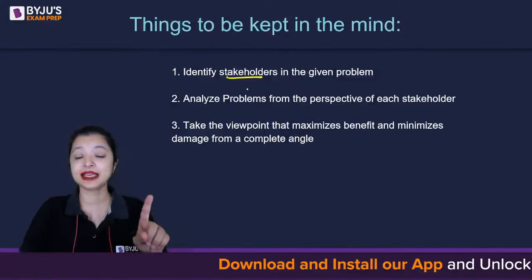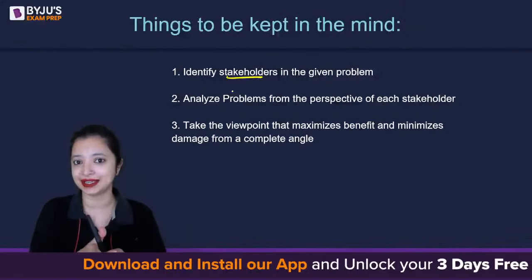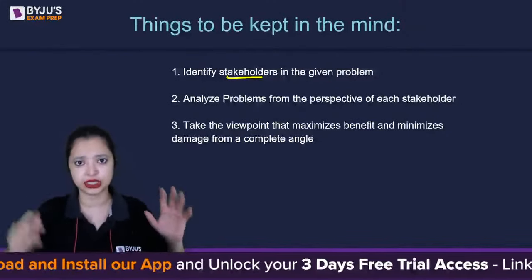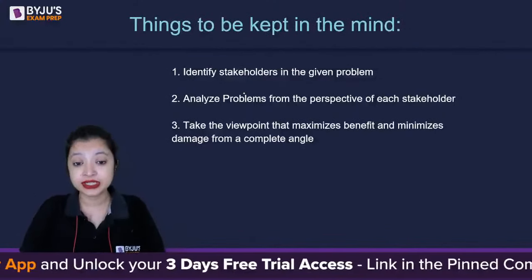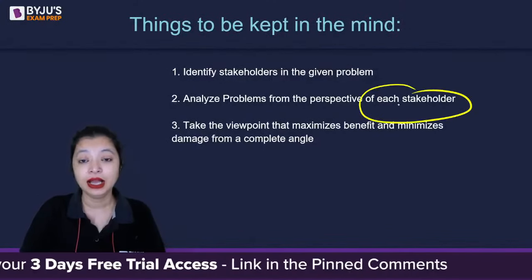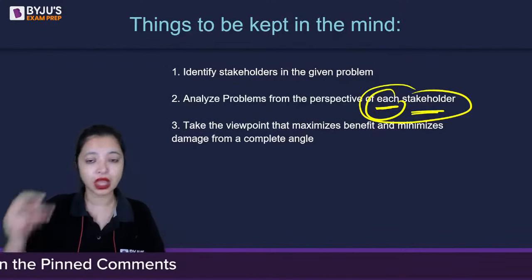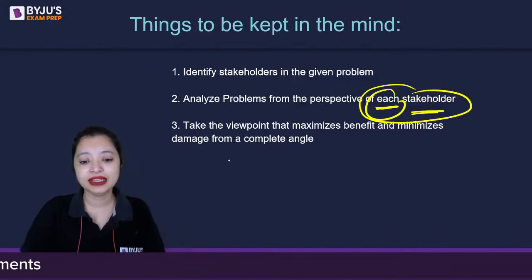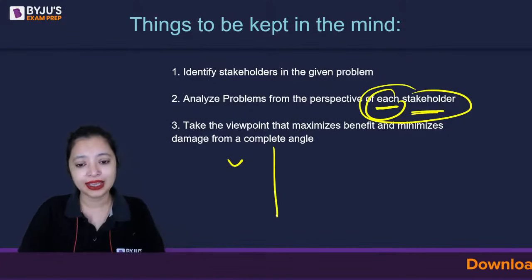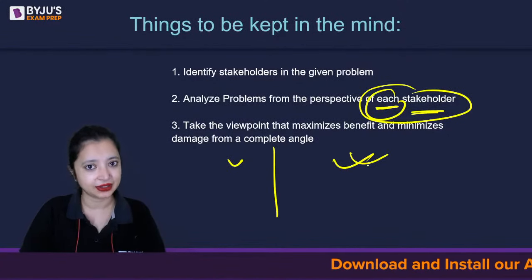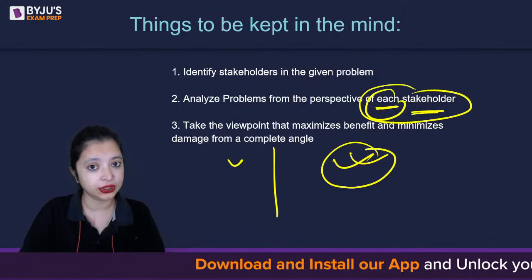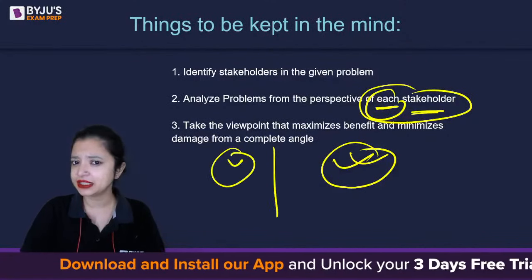Why to identify stakeholders? Because once you decide something कि चलो ये मुझे करना चाहिए, वो decision हमेशा it has to support each stakeholder. For example, if I decide one thing, if it is harming the other set of stakeholders, should I be taking this decision?